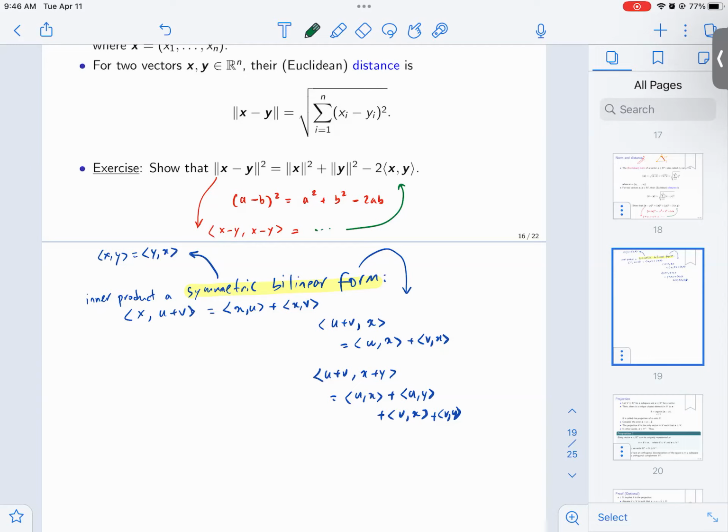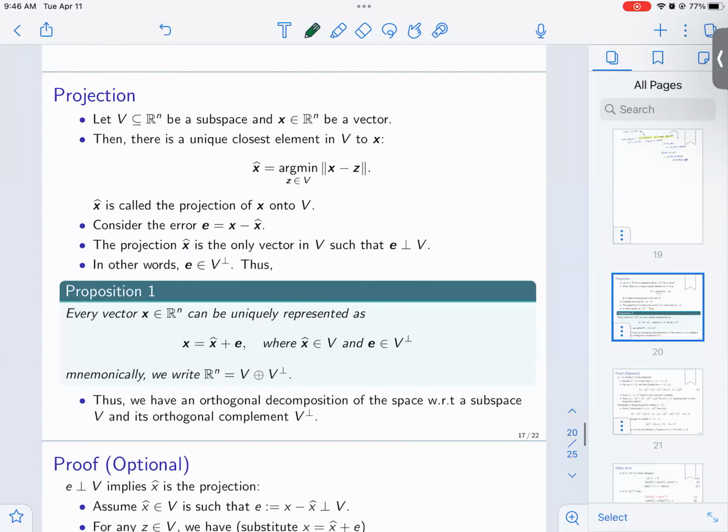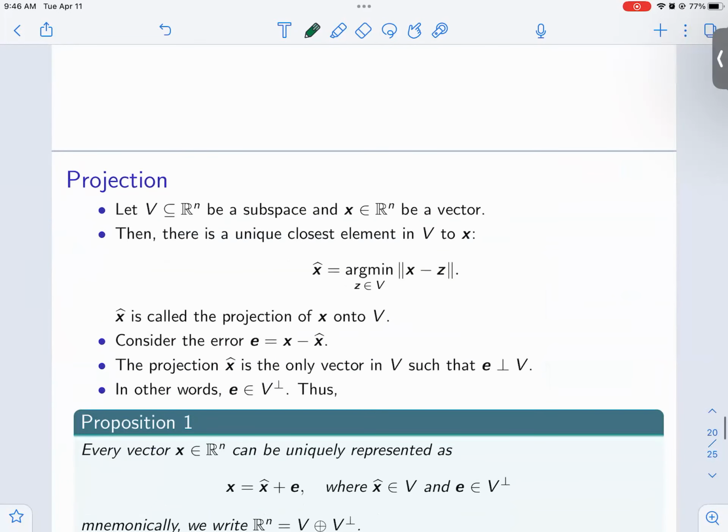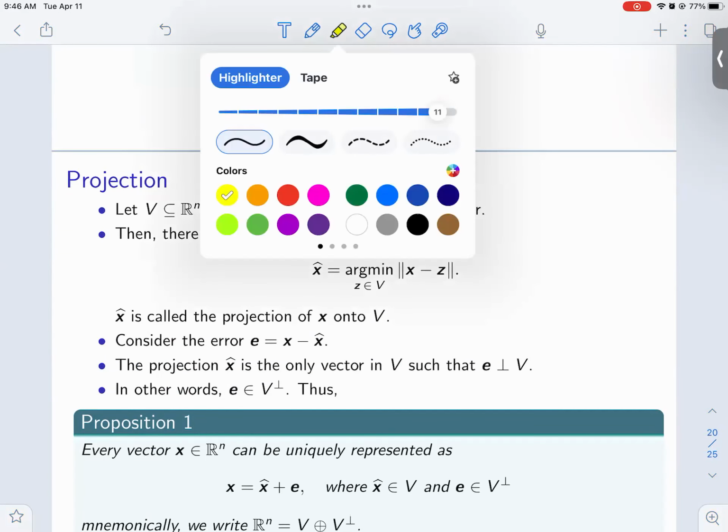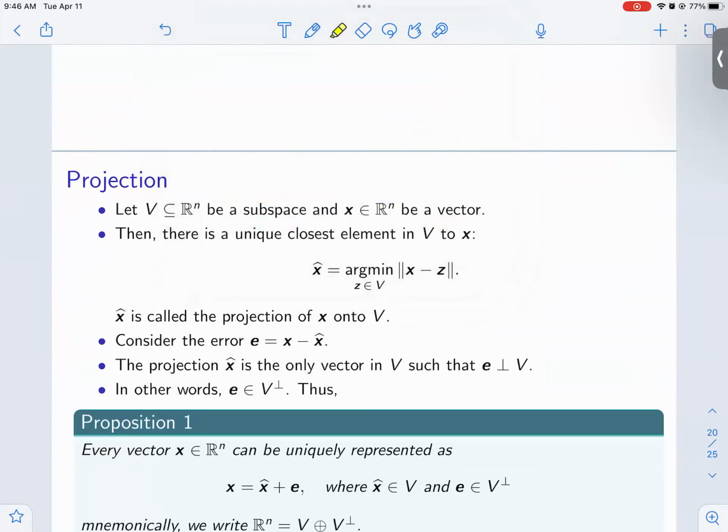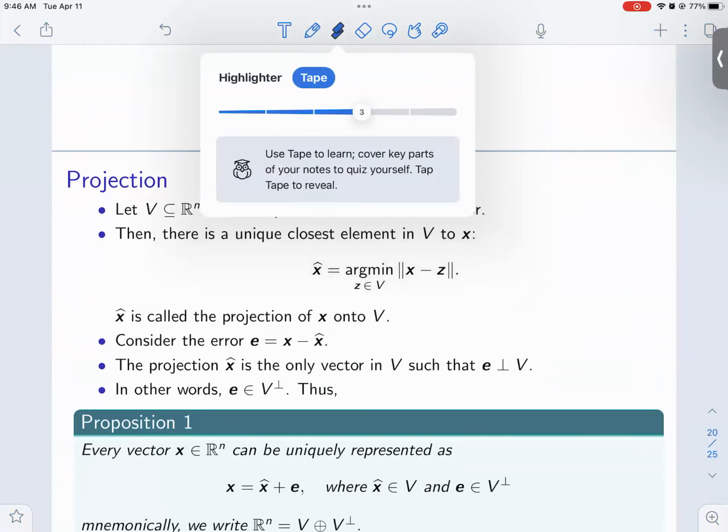Okay, so that's enough warm up, I guess. What I want to talk a little bit about, and which is going to be very important for us, is this idea of projection. So let's see how many people know. Let me use this new feature.